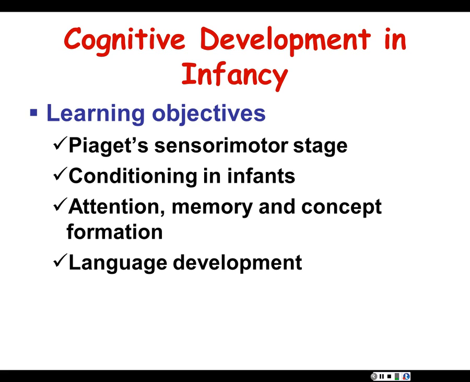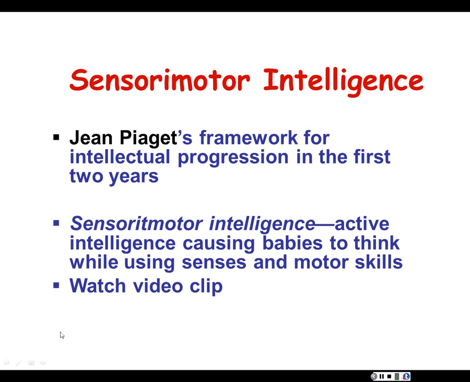Okay, so continued brain development obviously is going to have changes in their cognitive development. Our main focus here in looking at cognitive development is Jean Piaget and his sensorimotor stage. We'll look a little bit at conditioning, and then I don't know if we'll get to attention, memory, and concept formation or language development, but I definitely want to go through Piaget here.